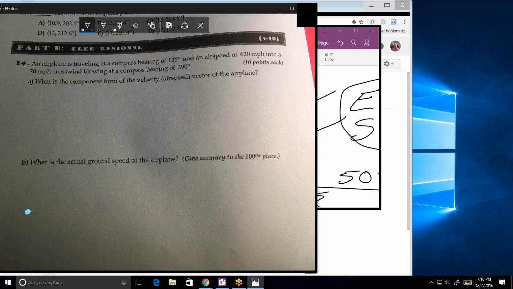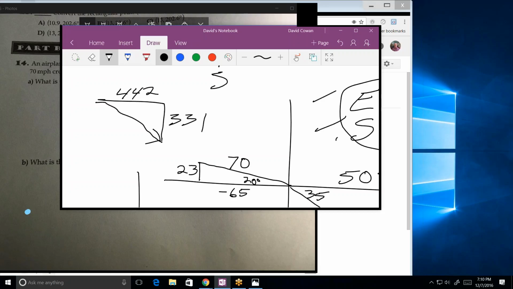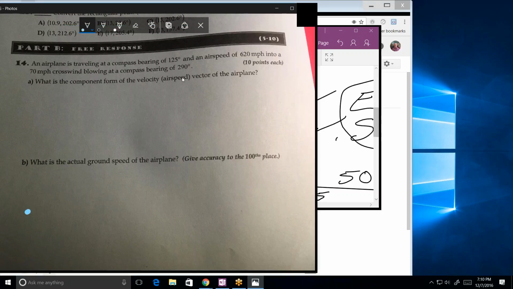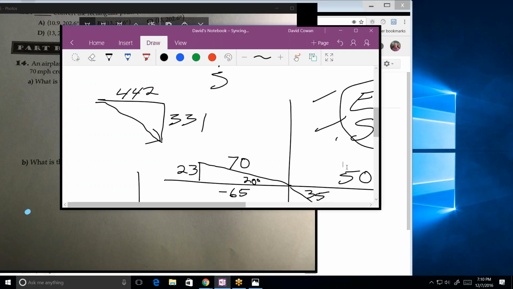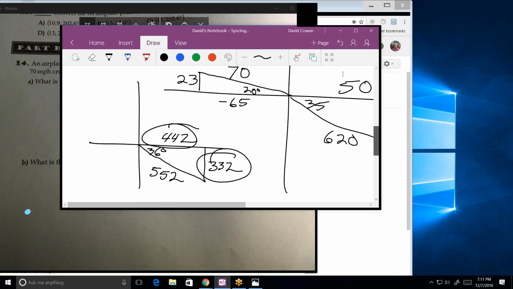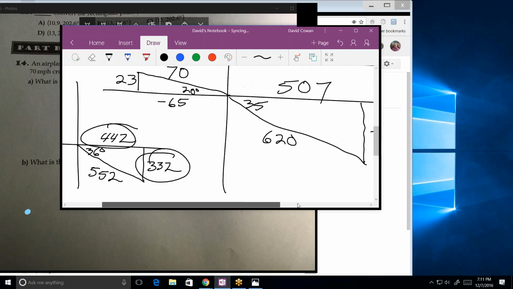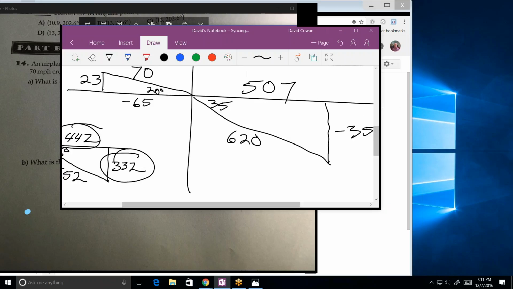So if they say airspeed vector, well, that's the 620 at a bearing of 125 broken down into an easterly and a southerly direction. In other words, upon further reading of that question, the fact that they put airspeed in there, that's our original vector only. That's not counting the wind. In other words, that vector is 507 to the east, 355 to the south.